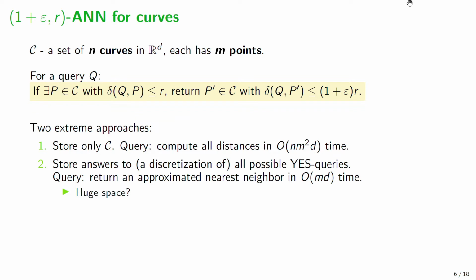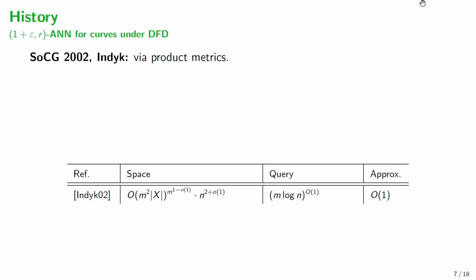But how large will it be? The first to study this problem under the discrete Fréchet distance was Indyk in 2002. He used the idea of product metric, and he got a constant approximation with query time polynomial in m log n. The space bound is exponential in m and depends on the size of the domain on which the curves are defined.